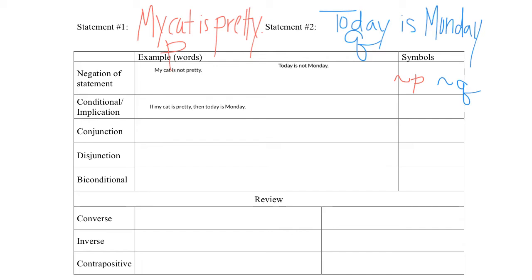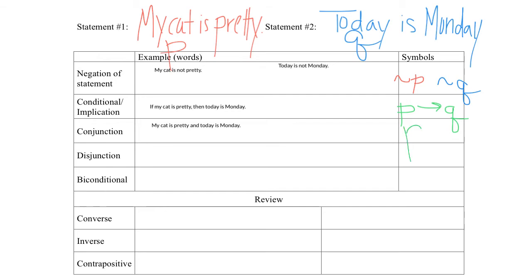All right, and the symbols for this is just P, arrow Q, but again, we read that as if P, then Q. All right, for the conjunction, this was the and statement. So the conjunction would say, my cat is pretty, and today is Monday.